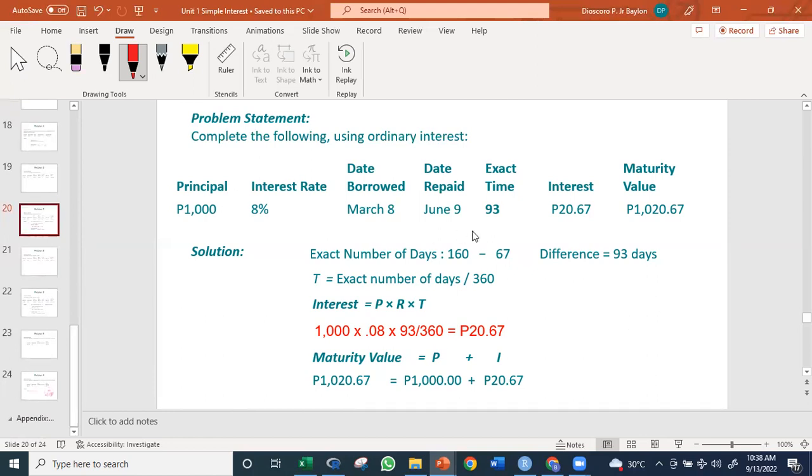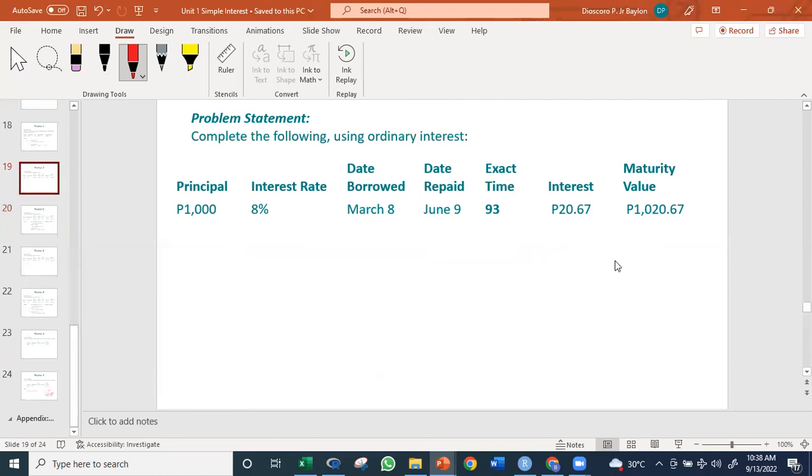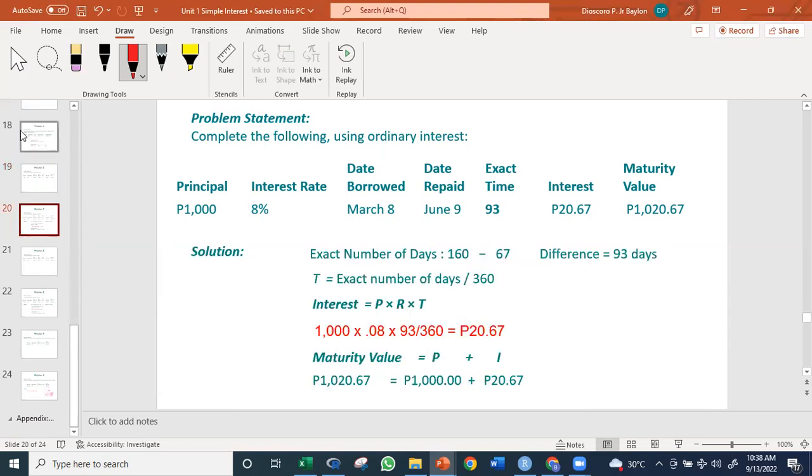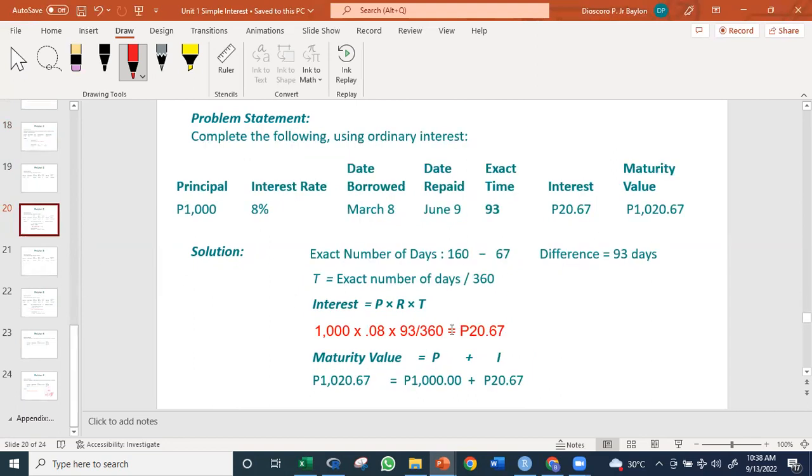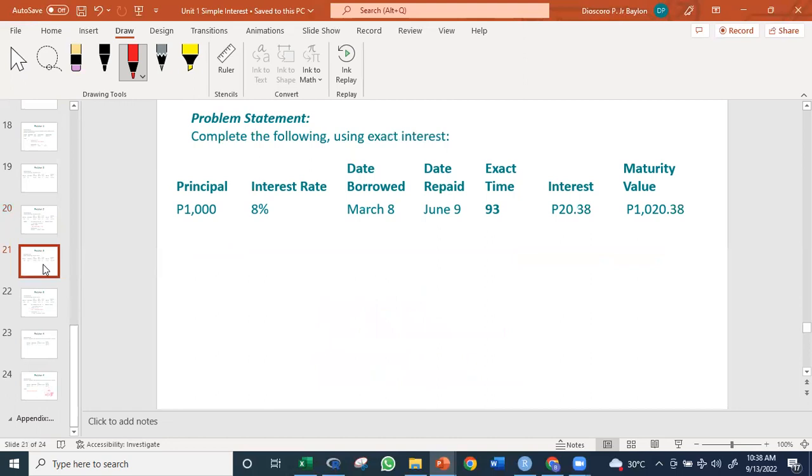Okay, so these are just reinforcement problems. Any questions about this class? For this one, I think there should be no problem because this is pretty straightforward. And then for this one, it's just using the ordinary interest, which means this is divided by 360.